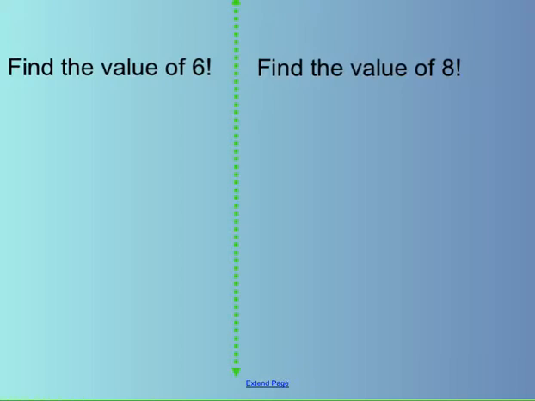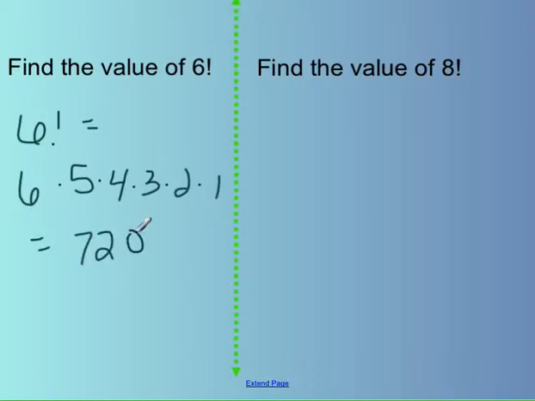What is 6 factorial? Well, to calculate 6 factorial, all we do is 6 times 5 times 4 times 3 times 2 times 1. You type that in your calculator and you get 720. It's not a word problem, so our answer is just 720, because right now we're just calculating out the factorial.